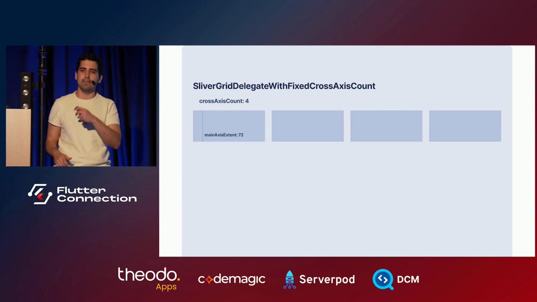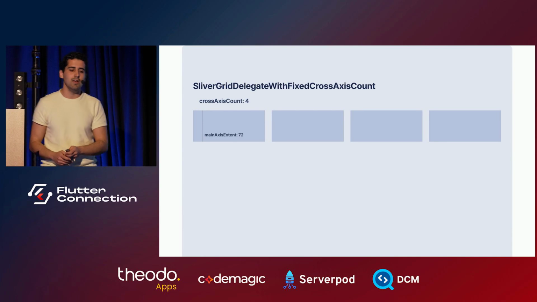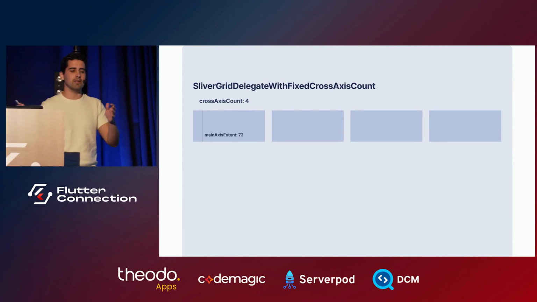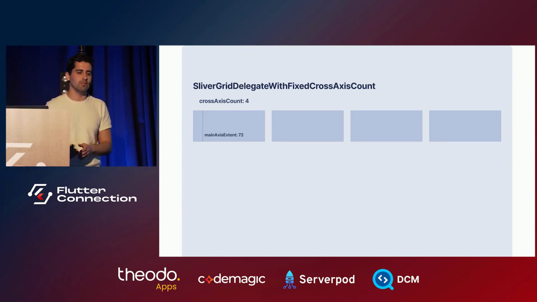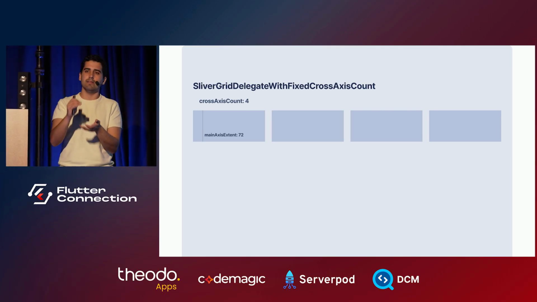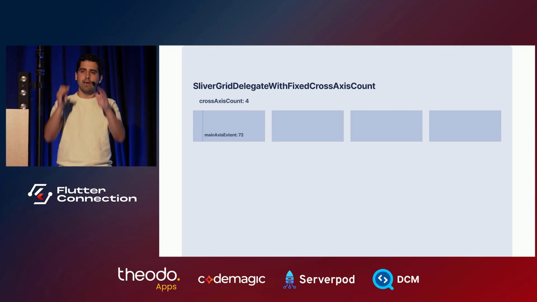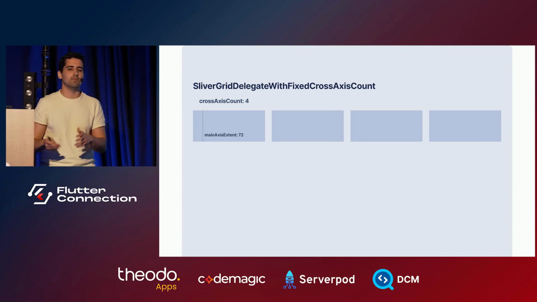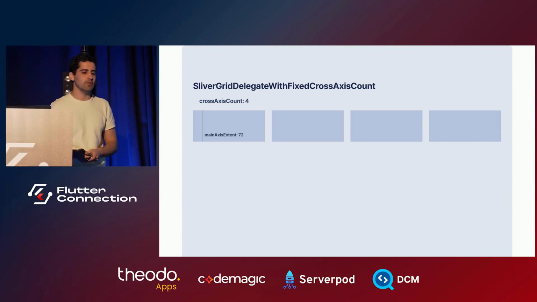SliverGridDelegateWithFixedCrossAxisCount, where you define the columns. The cross-axis count is like, I want 4 columns, and then you define the height. The height can be defined by the main axis extent, or you can define a ratio, like I want it to be square, so I want the height to be the same as the width. So with these two options, you can define the size of your items.